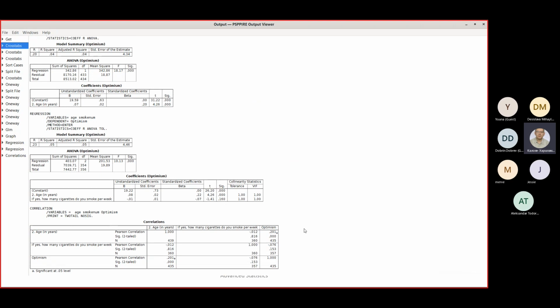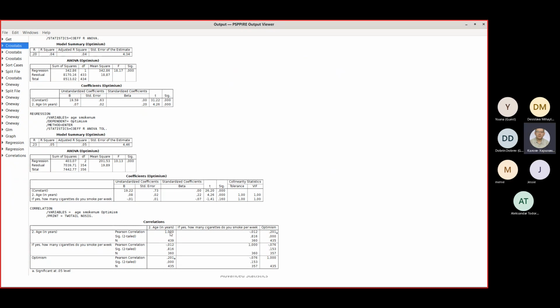So here we have correlation coefficients pairwise. The first pair is age and number of cigarettes per week. The second pair is age and optimism. And the third pair is number of cigarettes per week and optimism. This table is called correlation matrix.